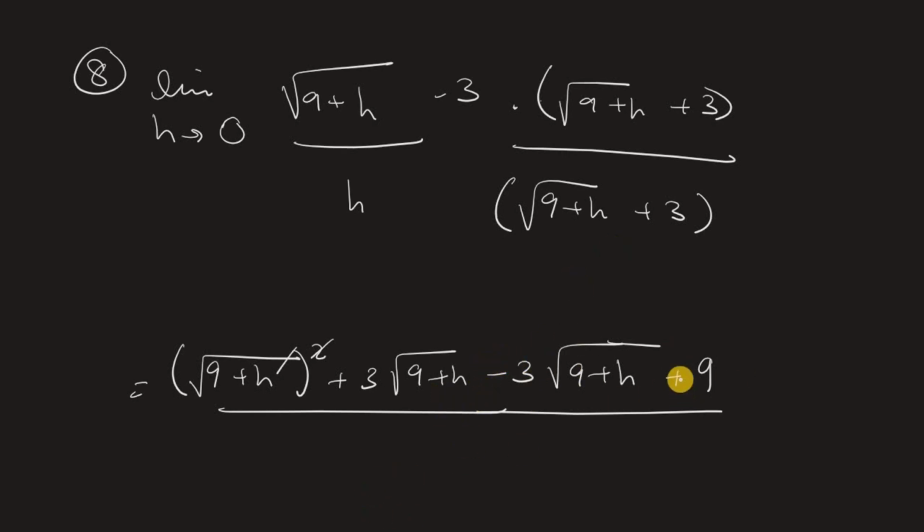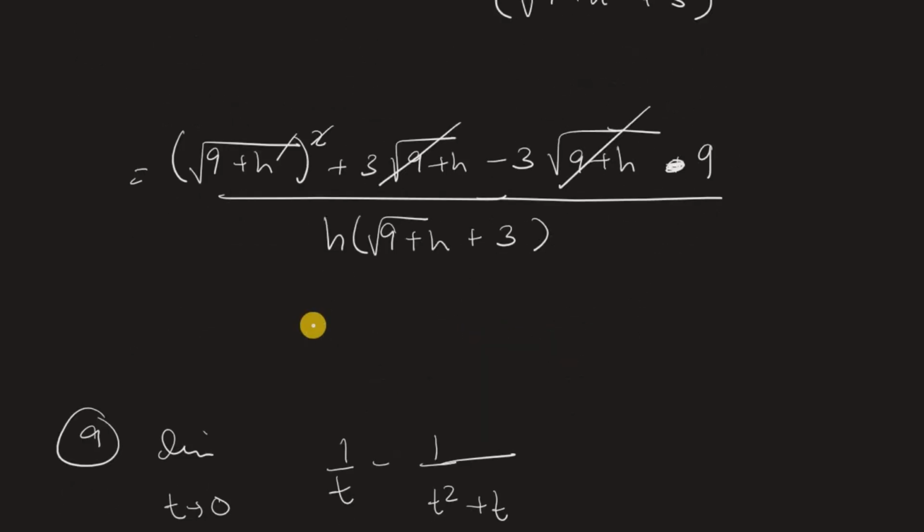Oops, sorry, that was a negative 9. Okay, so then we'll basically go ahead and multiply these two together. Okay, so then we have this, and you see this is positive and this is negative. So positive and negative, these two things cancel out each other.